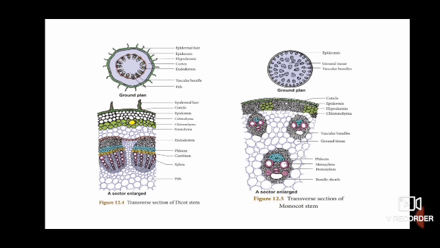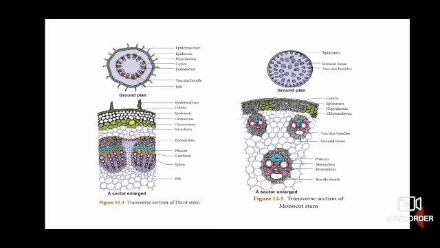This sclerenchyma may be interrupted by parenchyma at the region of stomata. Then comes the wide parenchymatous zone. Below the hypodermis, the ground tissue is composed of thin-walled parenchymatous cells with intercellular spaces.